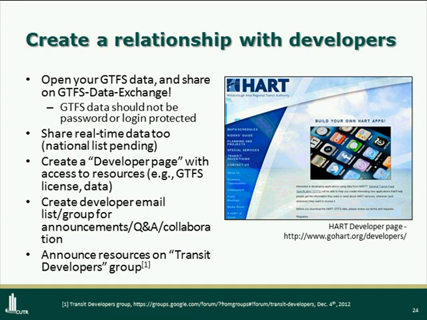So it's not something that you should just throw your data up on the web and then forget about it. Developers may find it, they may not find it. You're much more likely to get a lot more attention if you actively work to make sure application developers know about the data and you're able to answer questions or address any problems that they find.